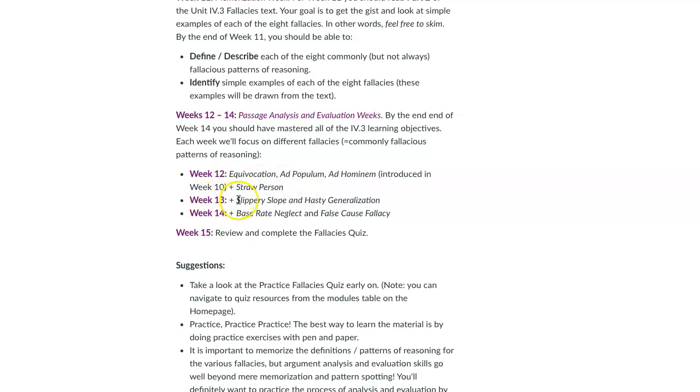This week, we are going to focus on slippery slope and hasty generalization. Now, you've heard about hasty generalization already because this connects to the Unit 3 Mod 1 Statistics module. So we're going to look at these two in more depth.